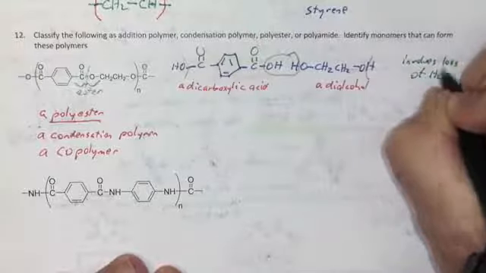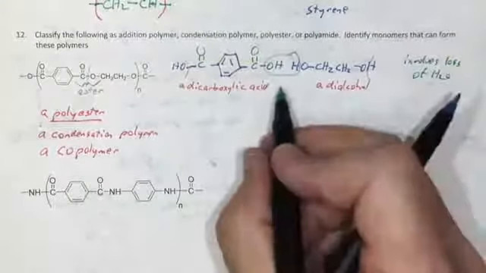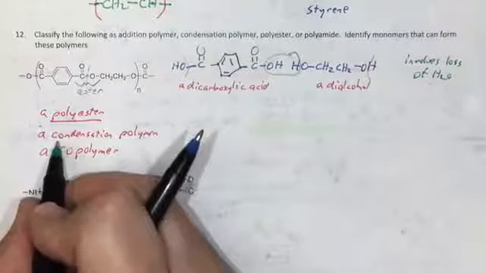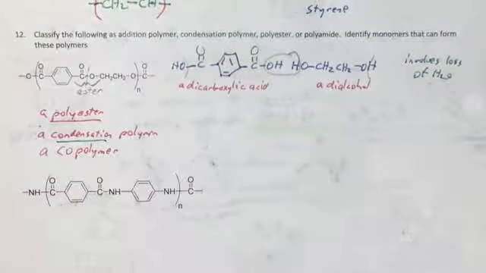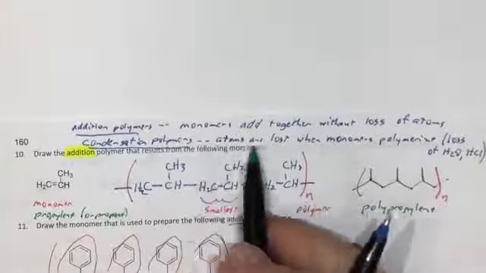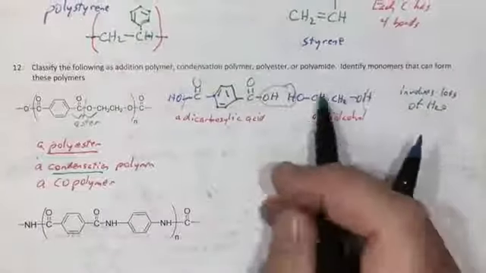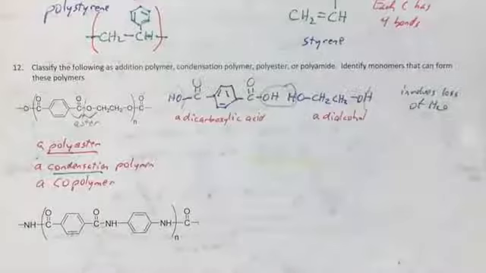When the monomers come together, it loses two hydrogens and one oxygen. That makes it a condensation polymer. So higher up on the page, a condensation polymer is when atoms are lost when the monomers polymerize. The word that we use, atoms are eliminated or molecules are eliminated. And in this case, a molecule of water is eliminated.